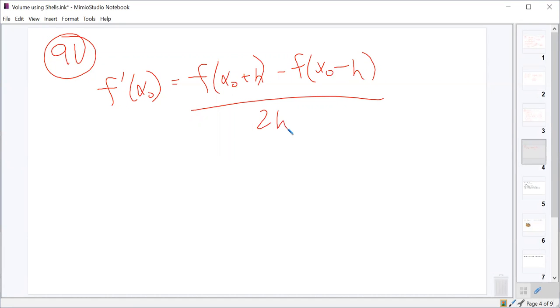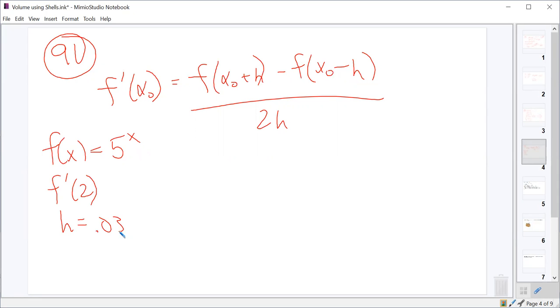And then they say for f of x, what is the estimate? f of x is 5 to the x. The estimate for f prime of 2, h equals 0.03. All right, so we want to find f prime of 2.